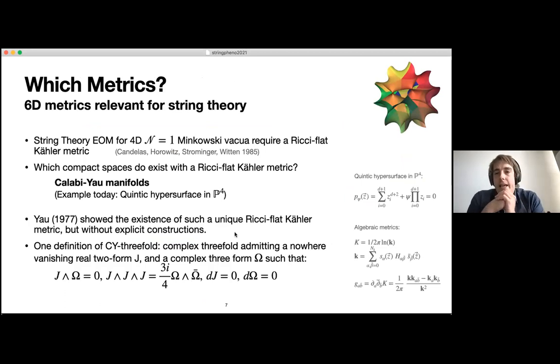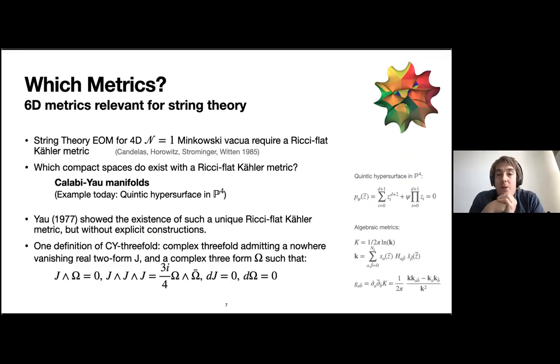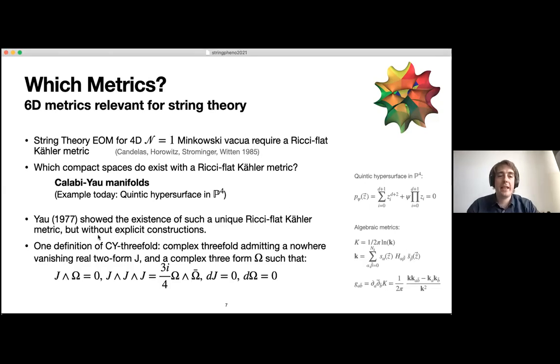Having said this, and I hope you all agree that we do want to study metrics, the question is obviously which metrics do we want to study? Since the early days, it's pretty much clear that one large class of metrics we would like to understand is that of Calabi-Yau manifolds. The nice thing is that we know about the existence of Ricci-flat Kähler metrics going back to Yau.